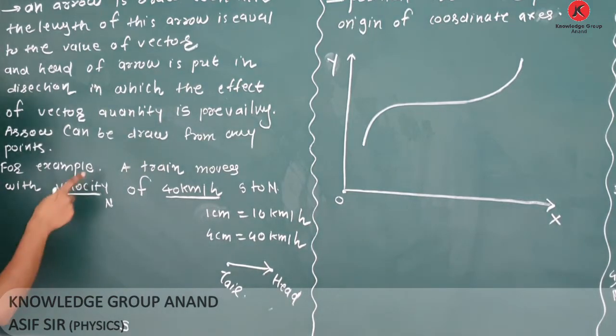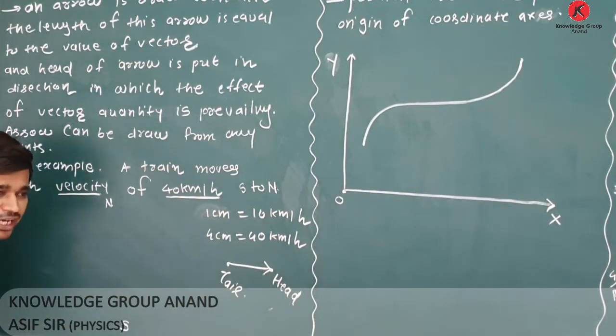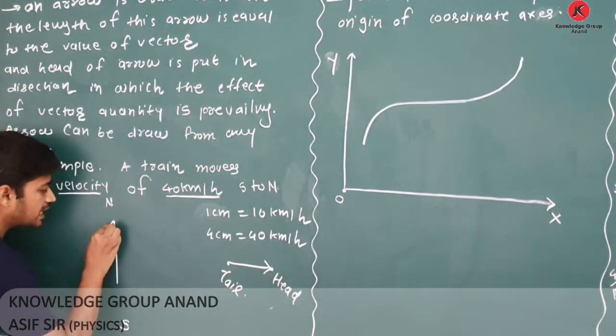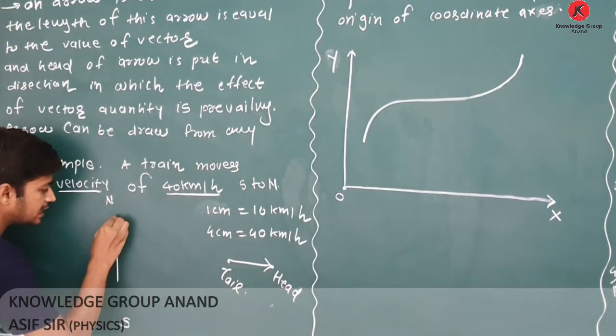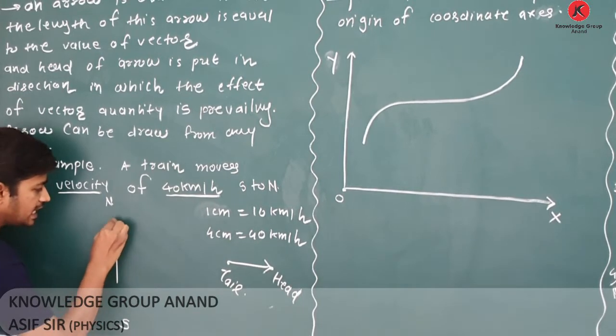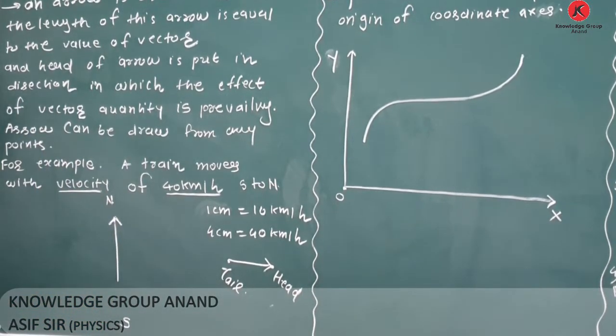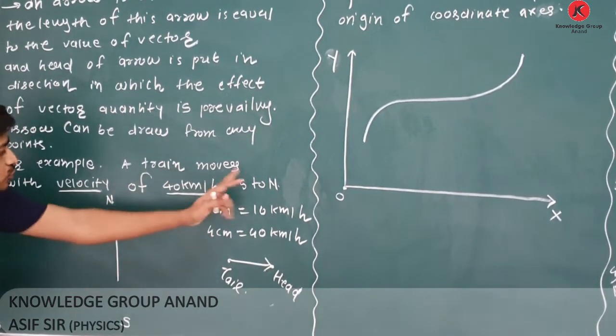Here the train is moving from south to north, means it is moving in the north direction. So you have to draw the arrow such that its head is in the north direction. Clear about this? Because the train is moving from south to north.